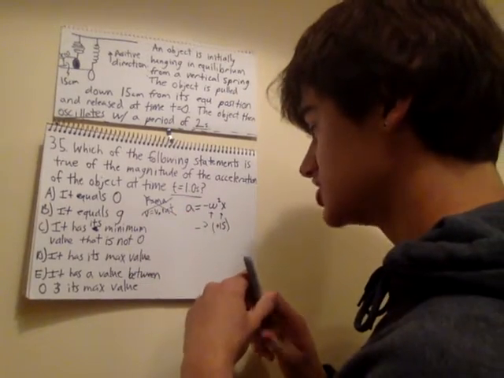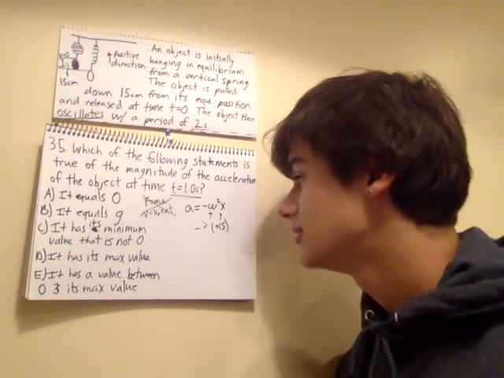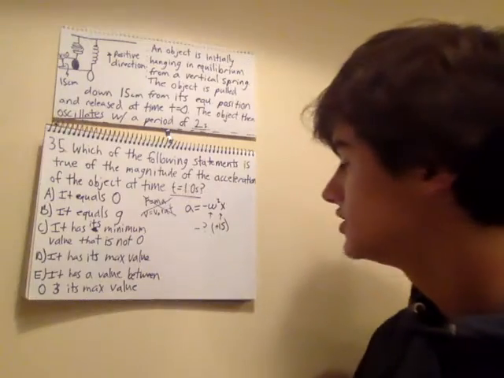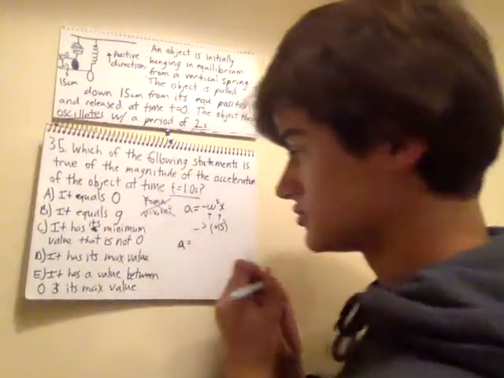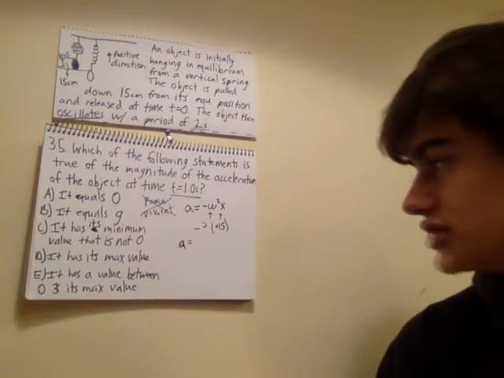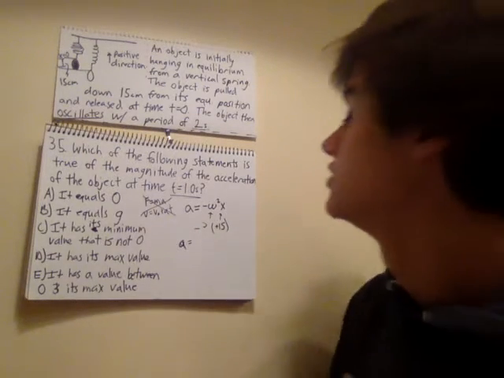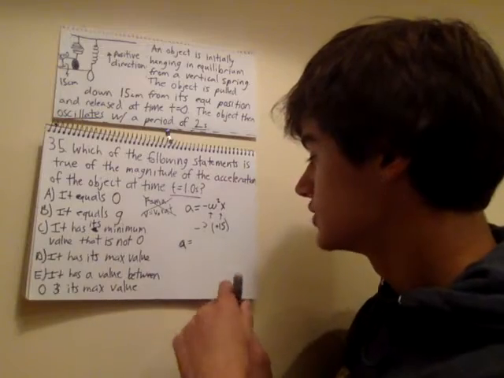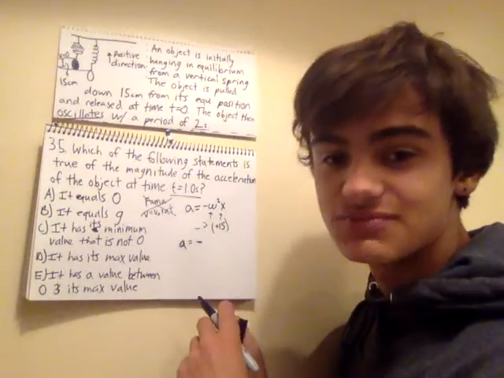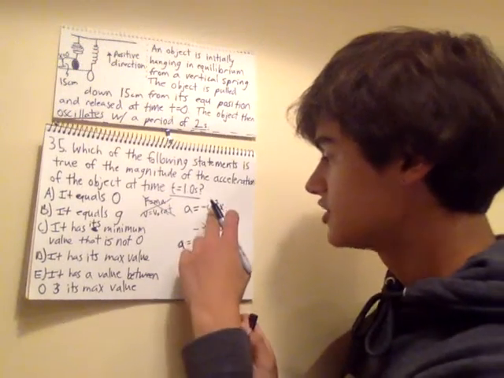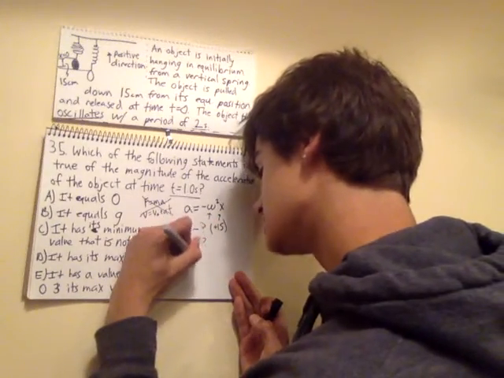Since x is at its maximum, a is going to be negative, because we're multiplying negative omega squared times x. Since x is the maximum, a is at its minimum, because it's this negative constant times its maximum. So it's going to be negative something, which will be its minimum value.